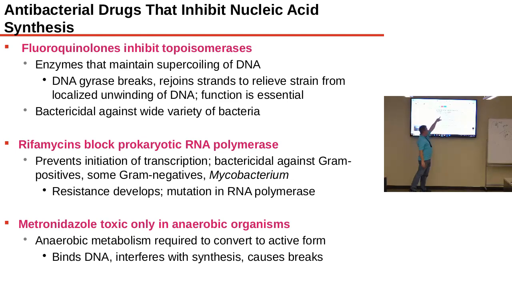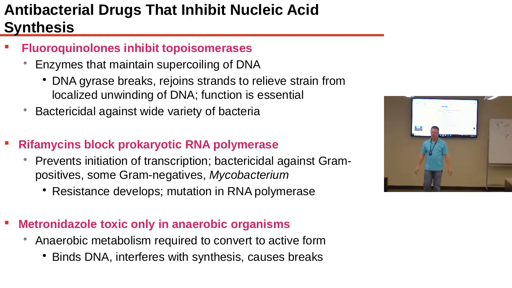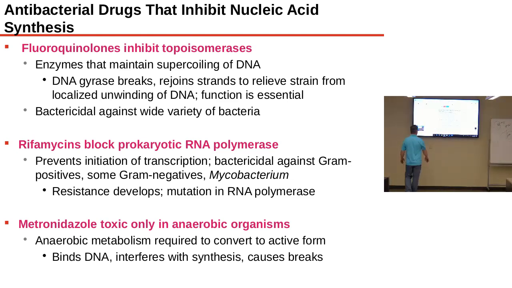That's what the slide says: enzymes that maintain supercoiling of DNA, that's topoisomerase, and the drug is blocking that. It's bactericidal against a wide range of bacteria. Why is it bactericidal? If I destroy your DNA, you're dead. If I block the topoisomerase and it's not able to replicate its DNA properly, it's done.